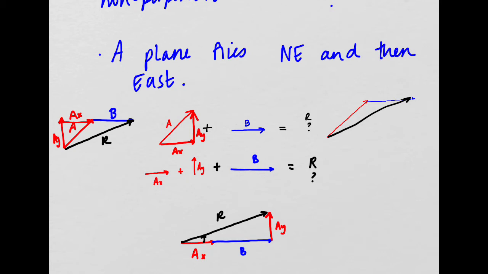All right, so remember that our A vector, our northeast vector, has a horizontal component and a vertical component.